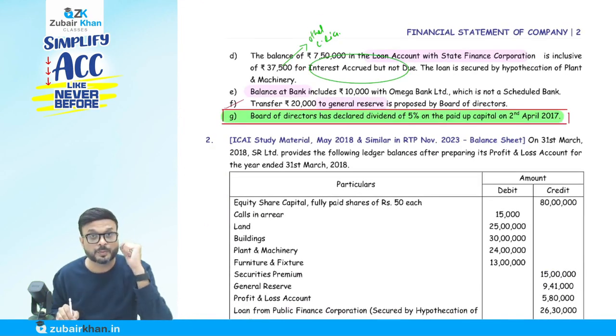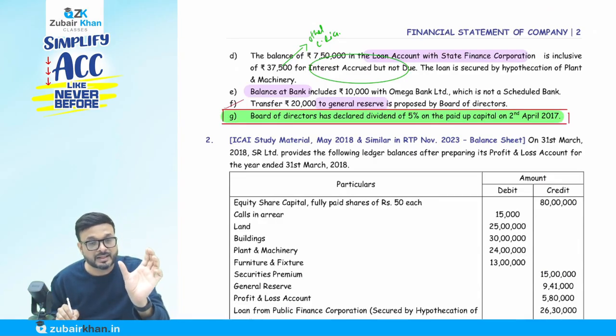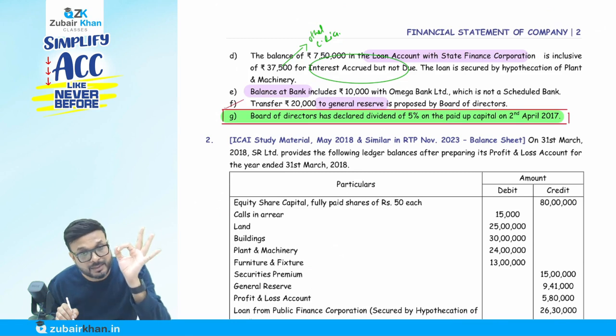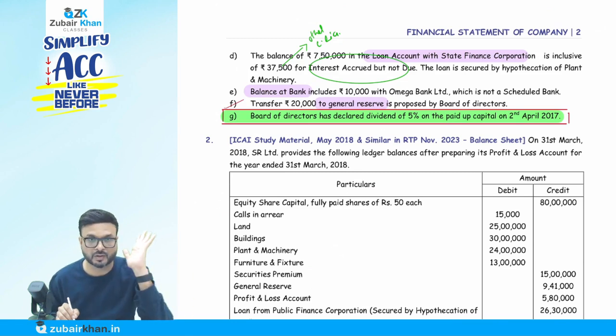They say, transfer rupees 20,000 to general reserve, proposed by the board of directors. So basically they tell us to transfer 20,000 to general reserve. Now the question will arise, from where should we transfer this 20,000? It is not mentioned, but it is implied that it is from the profit and loss account balance.